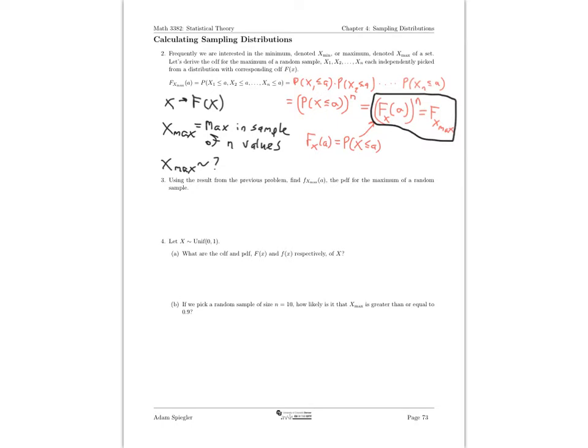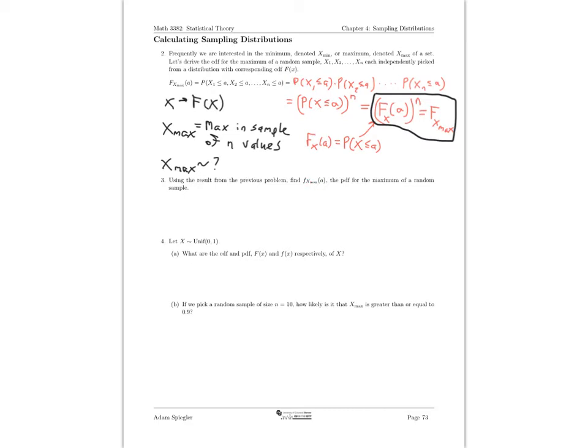Moving on to question 3. Now we want to use this cumulative distribution we found to figure out what the PDF, the probability density function of x max is. Just notice here, I'm using a as the input into this function because I don't want to use a lowercase x.